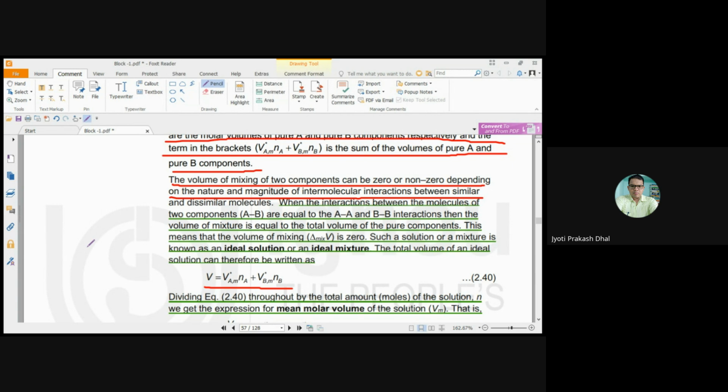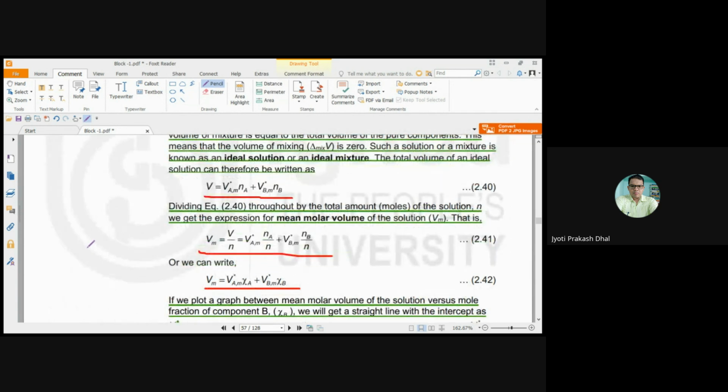That means there will be no change in volume after mixing the two different components A and B to make the solution. So ΔV mix will be equal to 0 if the solution is an ideal solution. But if the solution is a non-ideal solution, then ΔV mix will not be equal to 0.